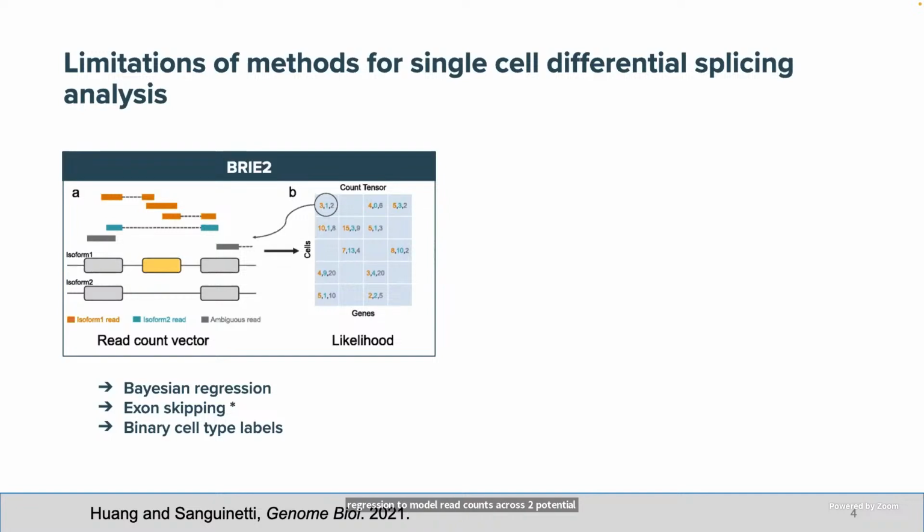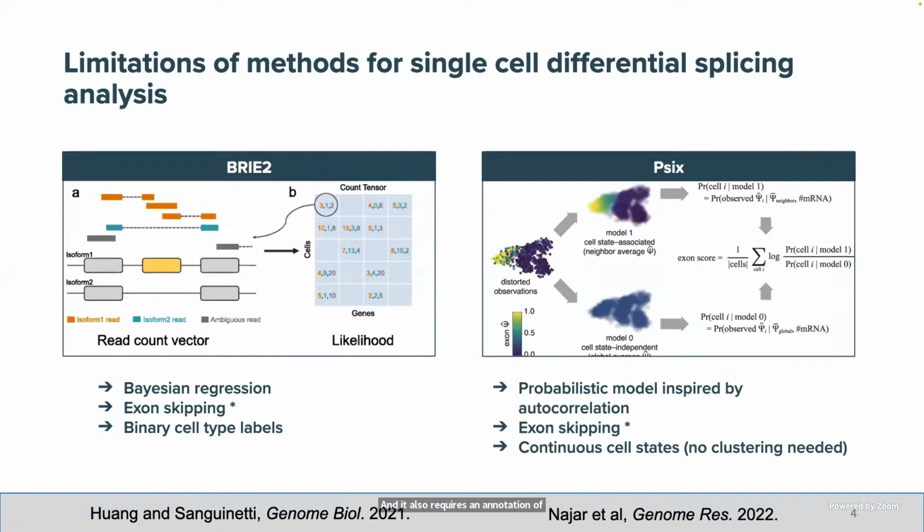This approach, however, requires cell type annotations, and it can only model two contrasts of cells at a time, such as disease cells or healthy cells. It also requires an annotation of all the splicing events that you're interested in looking at.